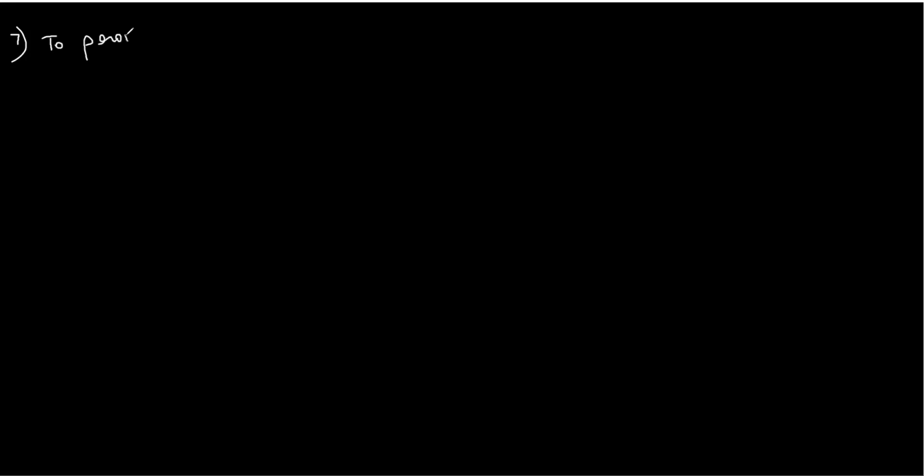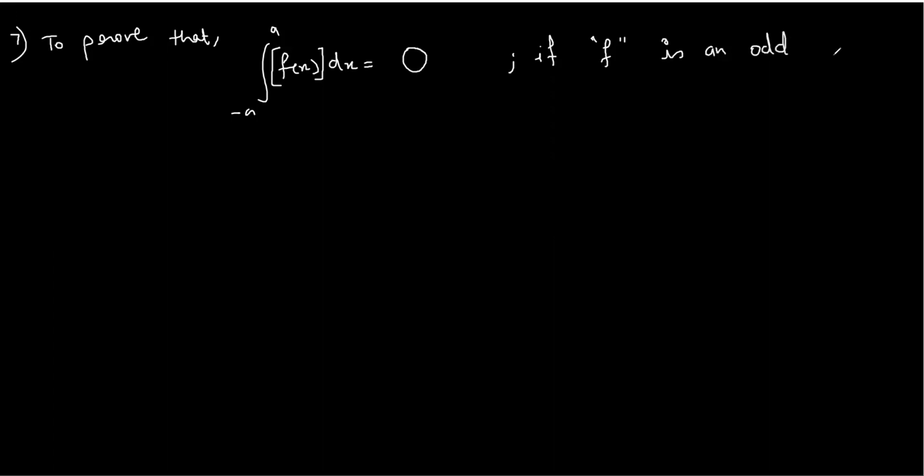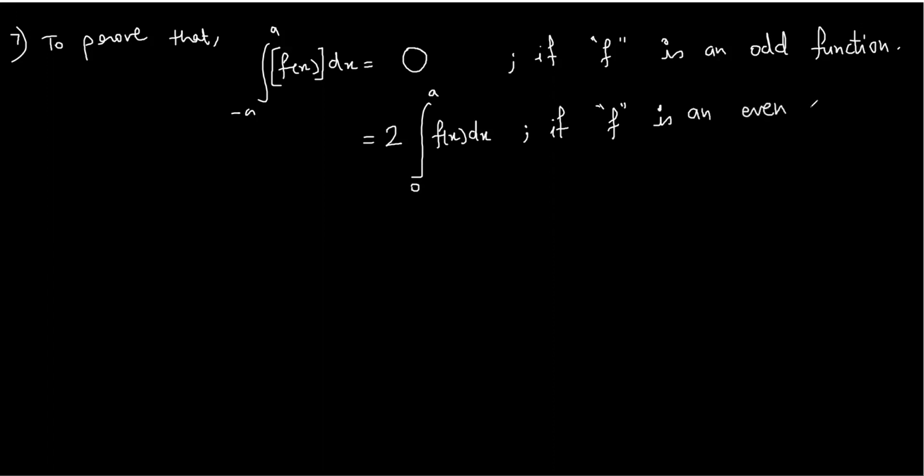To prove that negative a to a f of x dx is equal to 0 if f is an odd function, and this equals 2 times 0 to a f of x dx if f is an even function.